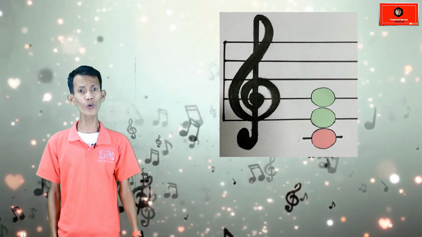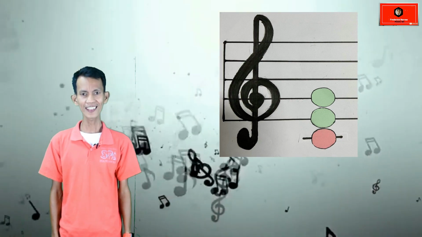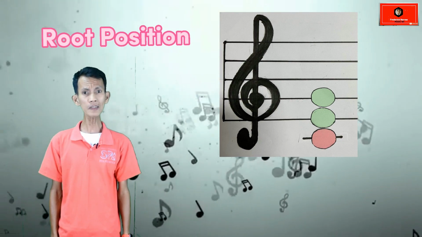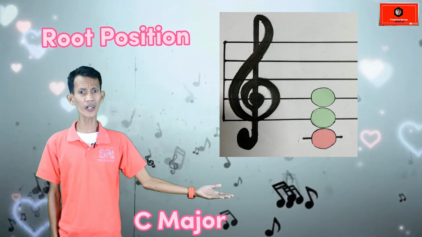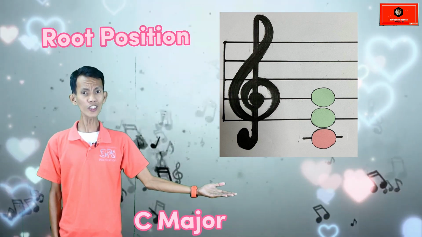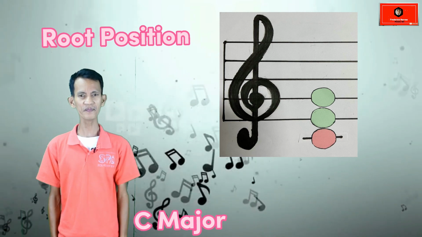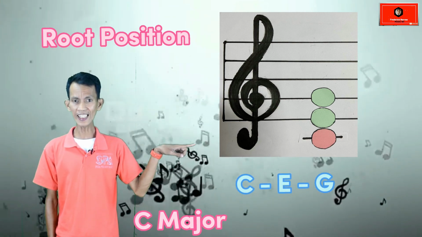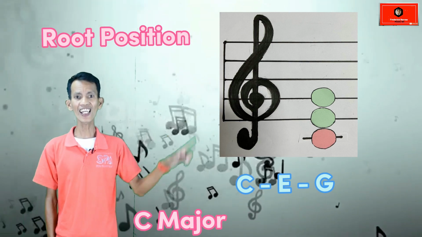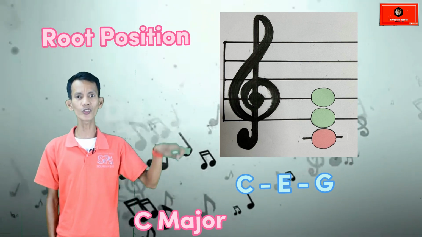If the bottom note of the chord is the root note, it is called root position. Example, the C major chord in root position looks like this. C as the bottom note, E is the middle note, and G will be the top note of the chord.